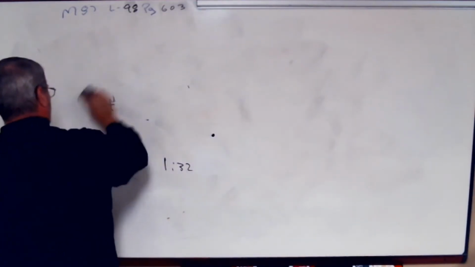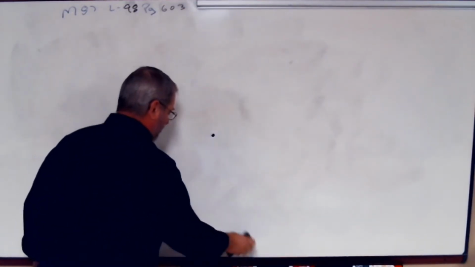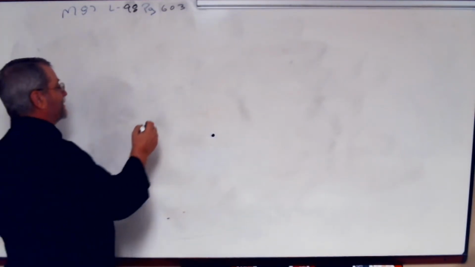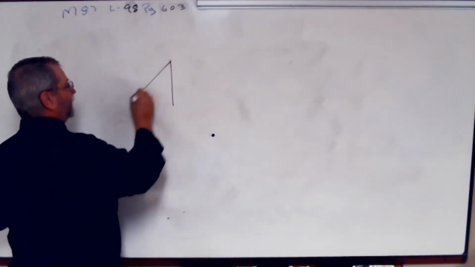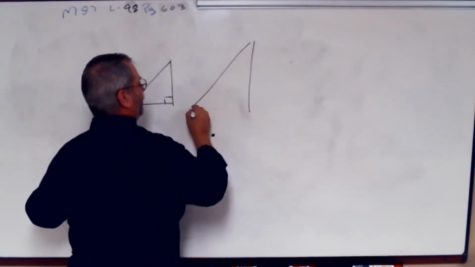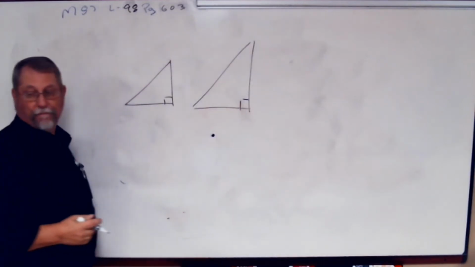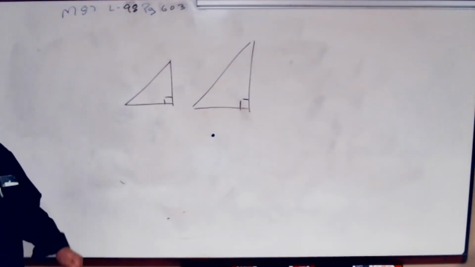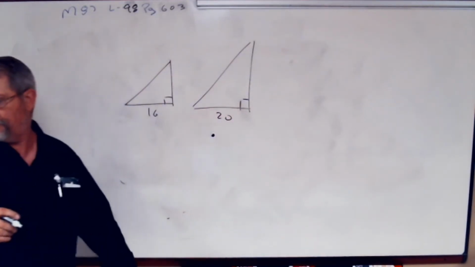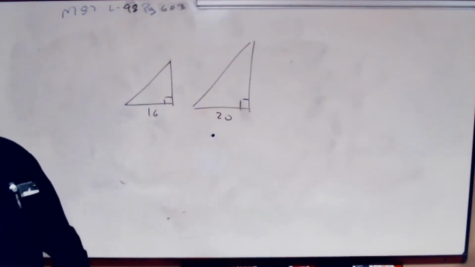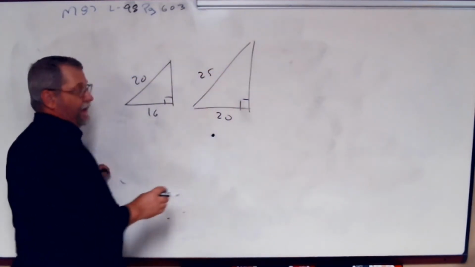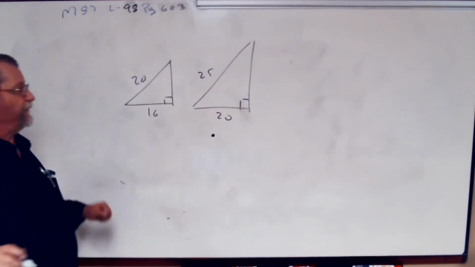Okay, it's a ratio. Now scale factor: let's go back to our triangles. We have a bigger triangle over here, and these are similar triangles. We've got 16, 20, 20 and 25, and 12 and 15.